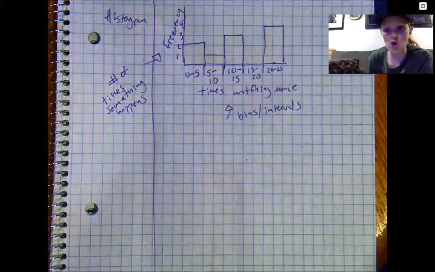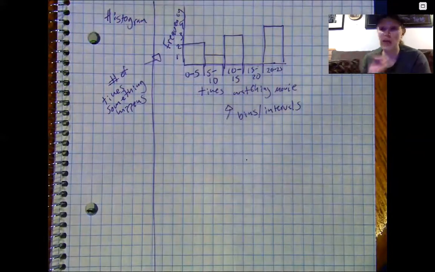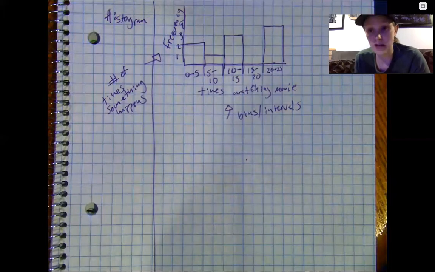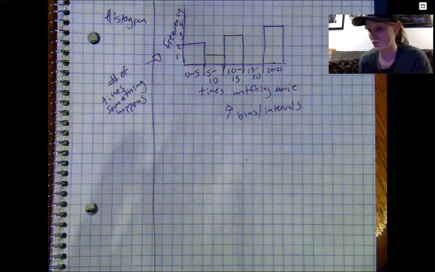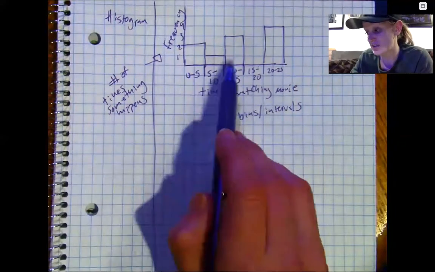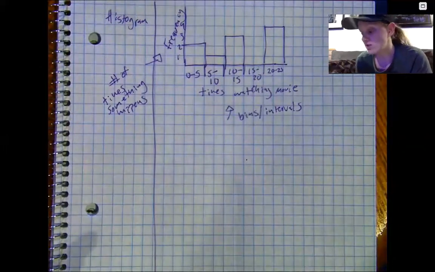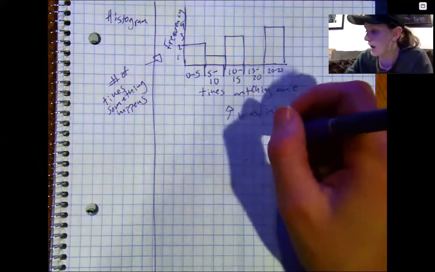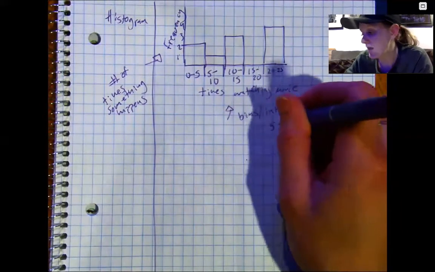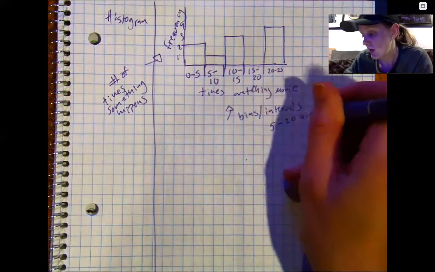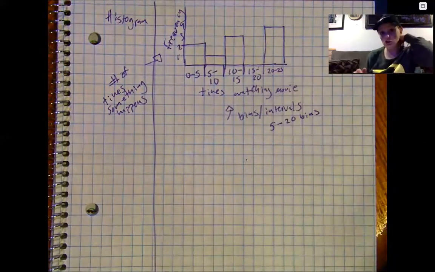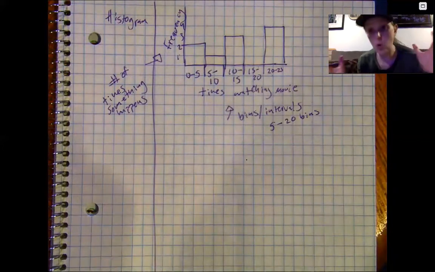The research is really out there on how many bins you should have, because you can really determine that on your own. I could have made this 0 to 10, 10 to 20, 20 to 30. I just made that up. When you decide your bins, it's good to have anywhere between 5 and 20 bins. Now, the larger your data set is, the more bins you need.